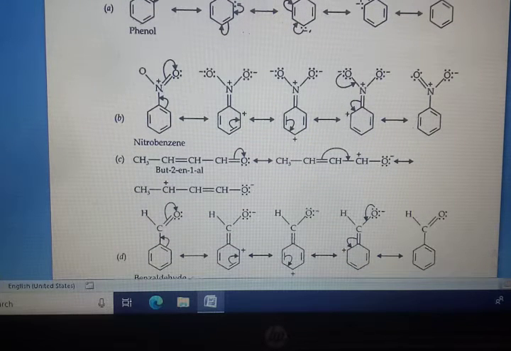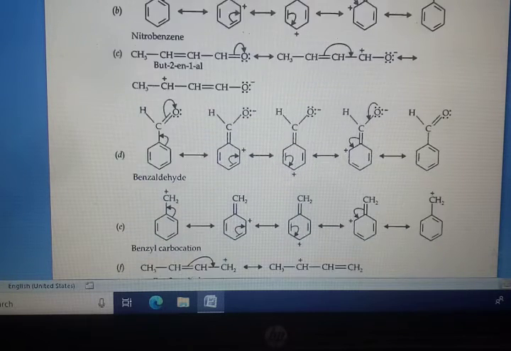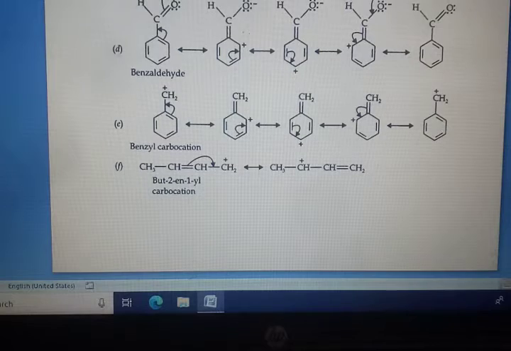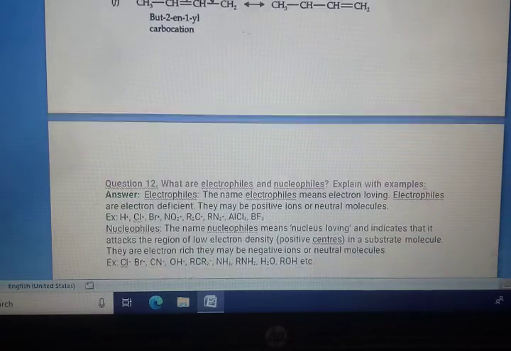Next one is butenone, where the lone pair on oxygen gives the resonating structure. You can see the benzaldehyde resonating structure, the benzyl carbocation structure, and the benzene carbocation. See how these electrons are being transferred. So you have to remember the plus R effect and minus R effect. I hope that while teaching you about resonating structures, you have all remembered.